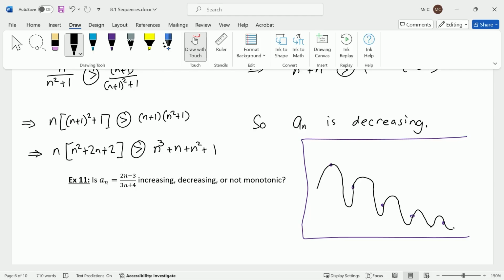So you've got a sequence that's actually decreasing, but the function that you would use to compare it to doesn't actually decrease, just because of where the sequence terms line up with that function. So you can't always use the related function because they won't always be strictly increasing or decreasing. So we want to practice this algebraic skill so that we have that when we need it.